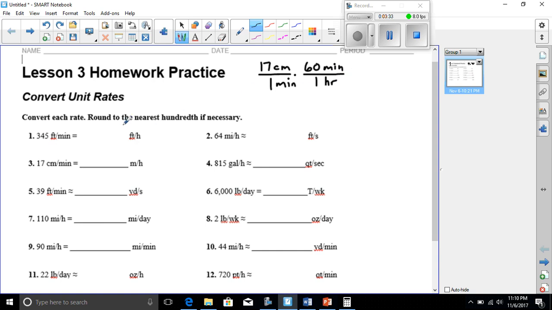And then I also have to get rid of my centimeters to meters. So how many meters are in a centimeter? Well, centimeters is up top here, so I'm going to put centimeters down here. How many centimeters are in 1 meter? 1 meter, I believe, has 100 centimeters.